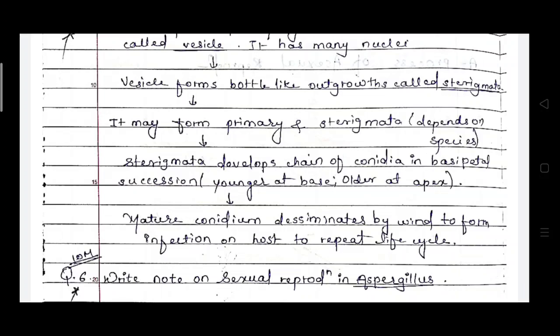Basipetal means the younger spores are present at the base and the older spores are present at the apex. This condition is known as basipetal succession, and in Aspergillus the basipetal succession of spores is observed.